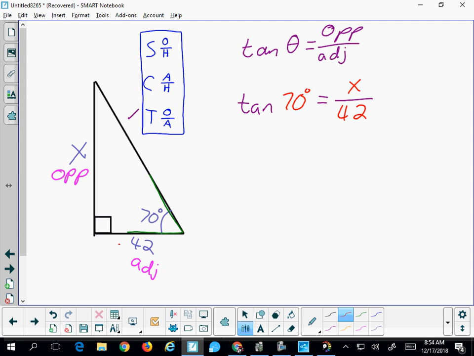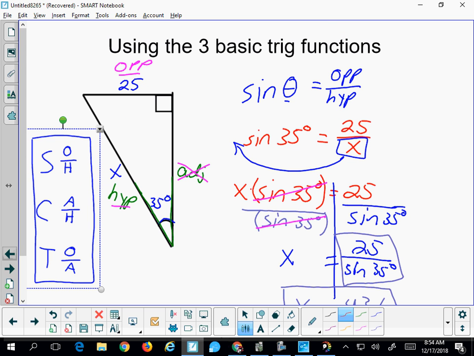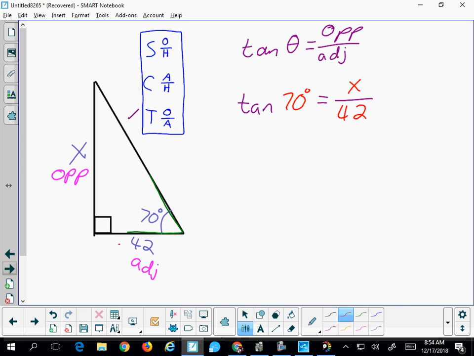All right, so the difference in this example and the last one is where our variable is. If you go back and look at the last example, our variable was on the bottom. In this one, our variable is on top.